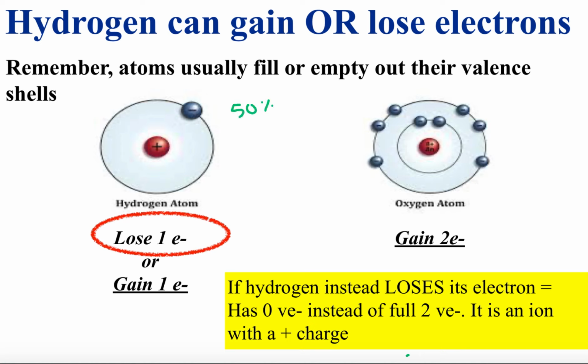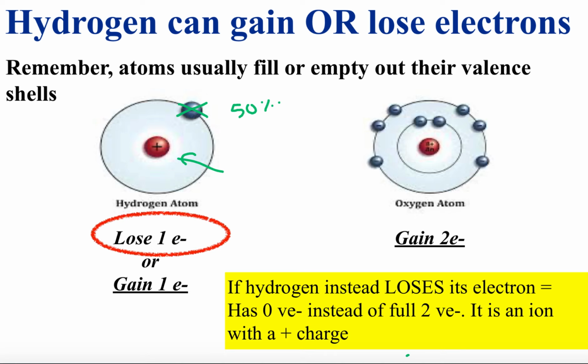A lot of atoms accomplish a perfect valence electron shell by either gaining electrons until they're full or losing electrons until the outside shell is empty. Hydrogen more often wants to gain 1 electron through bonds, especially covalent bonds, but sometimes it can lose its electron and give it away, and instead it's just a pure hydrogen proton. That sometimes occurs.